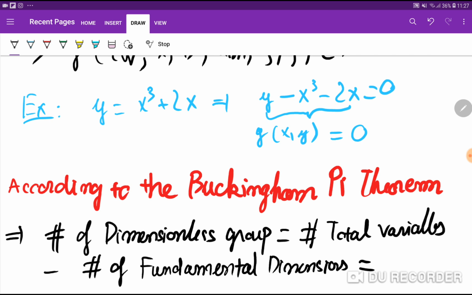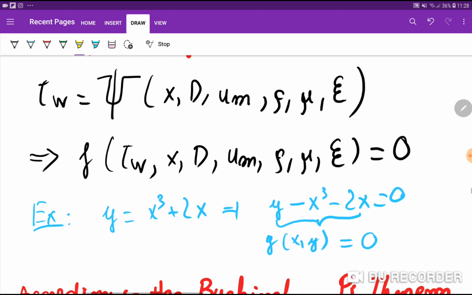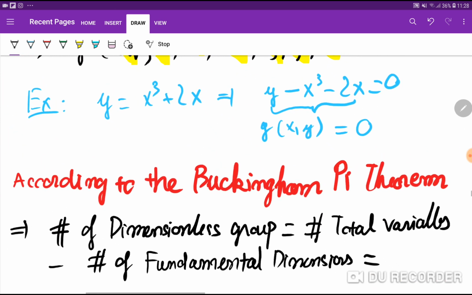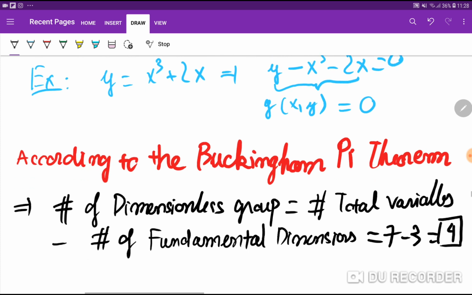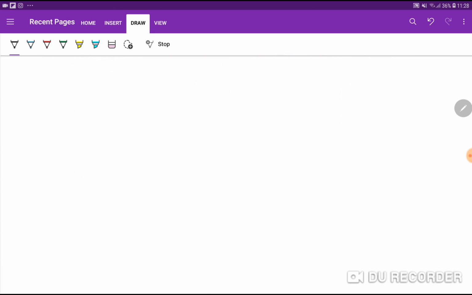How many total variables do we have? All the total variables are in the f function right here: 1, 2, 3, 4, 5, 6, 7. So we have 7 total variables. How many fundamental dimensions do we have? Remember, we have mass, length, and time, so it's 3. So we have 4 dimensionless groups in total. Wonderful.